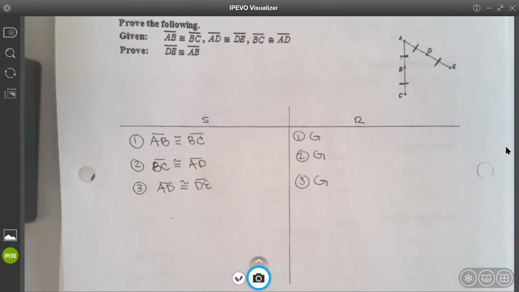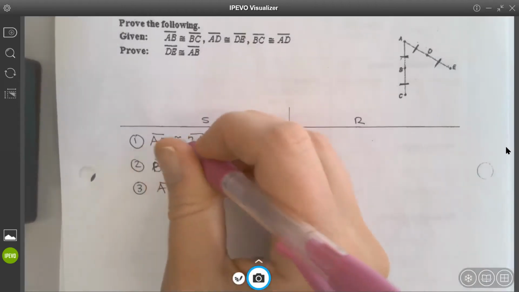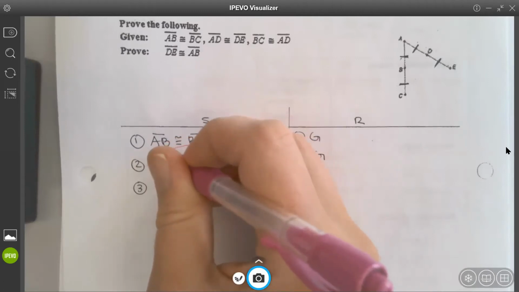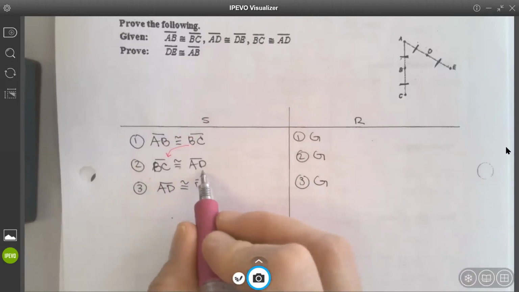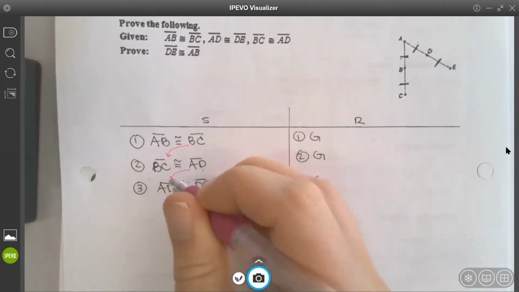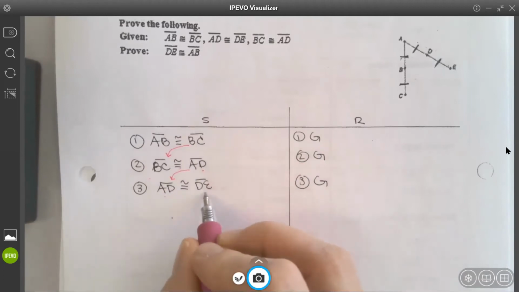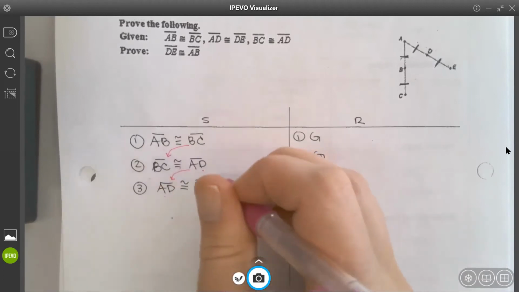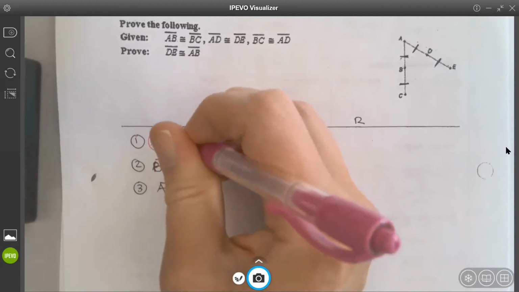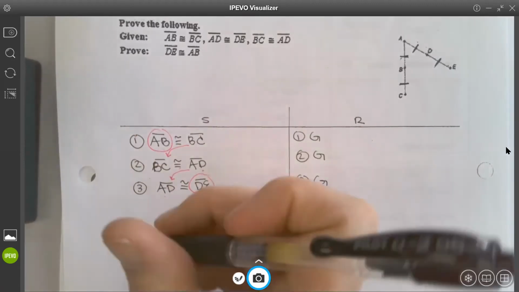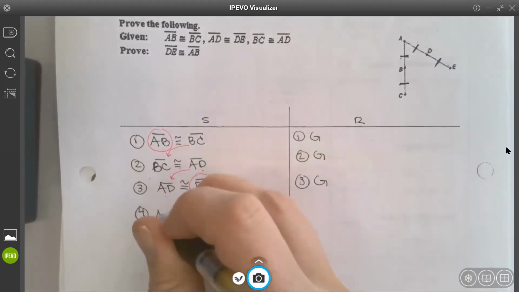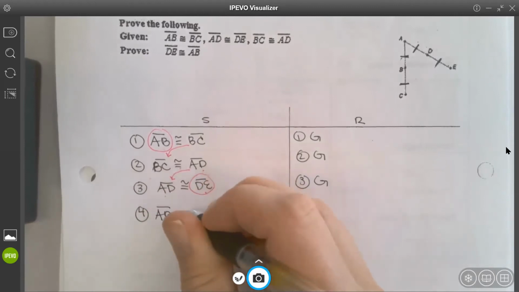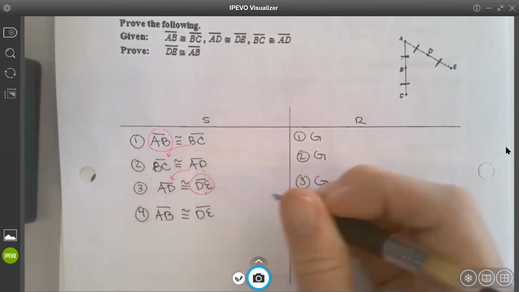And we want to say that DE is congruent to AD. Well, we can do that because look at this chain. AB is congruent to BC, and BC is congruent to AD, and AD is congruent to DE. Do you see how they all can link together to say well then, AB must be congruent to DE.